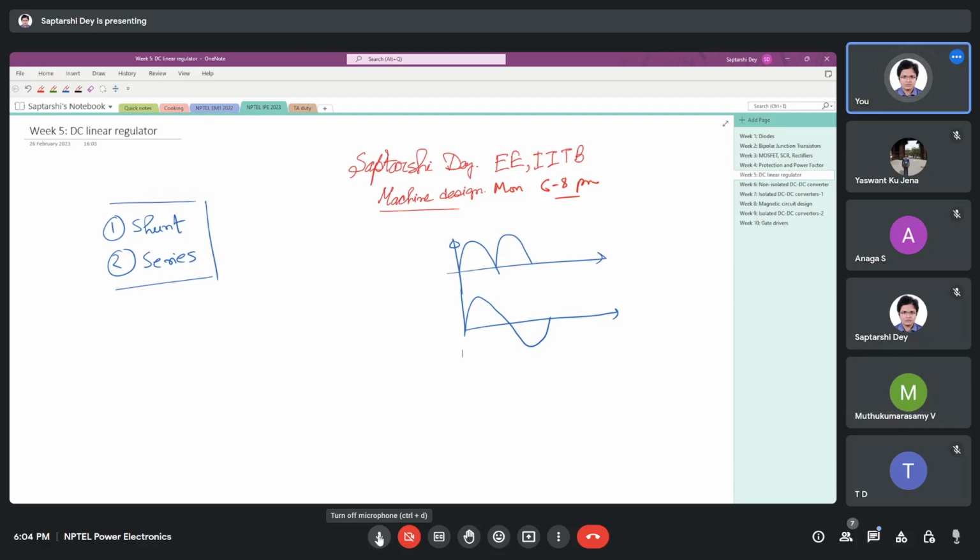Okay, that way you are saying. Let me do it once. This is a series thermistor of this rectifier. Okay, so the question is the output voltage.